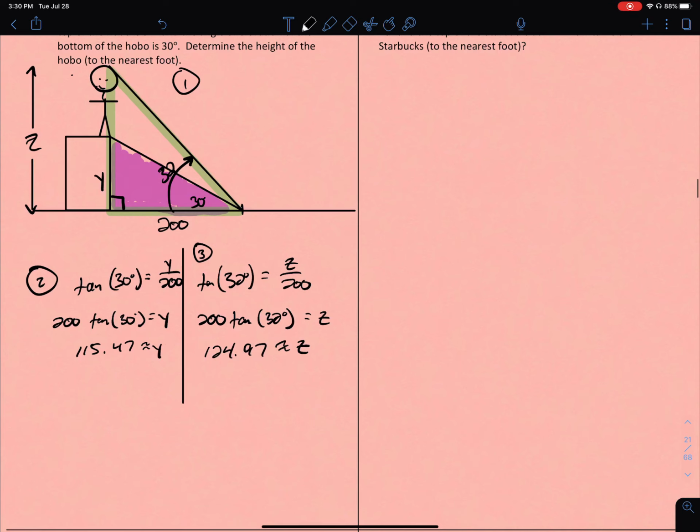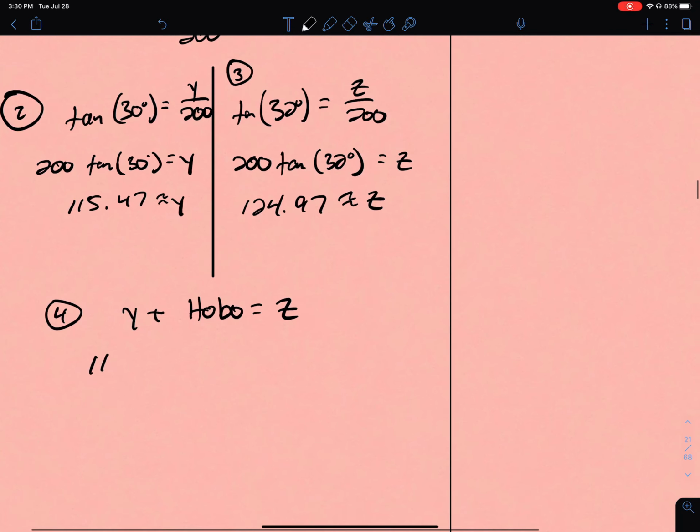Now, once again, that's all fine and dandy, but we need an equation for the height of the man. If you take y plus the height of the hobo, you should get z. Y is 115.47. Don't know what the hobo is. Z is 124.97.